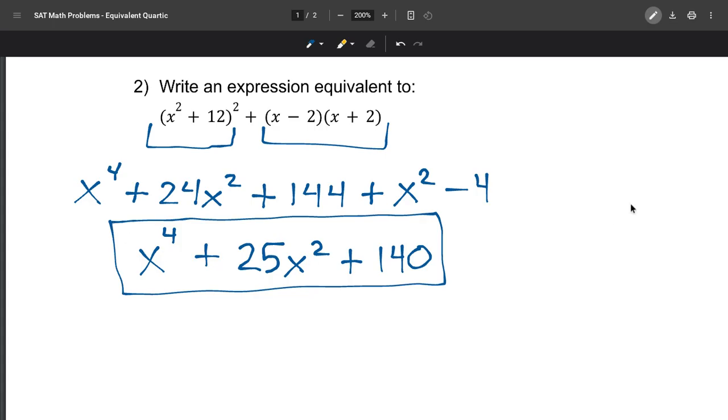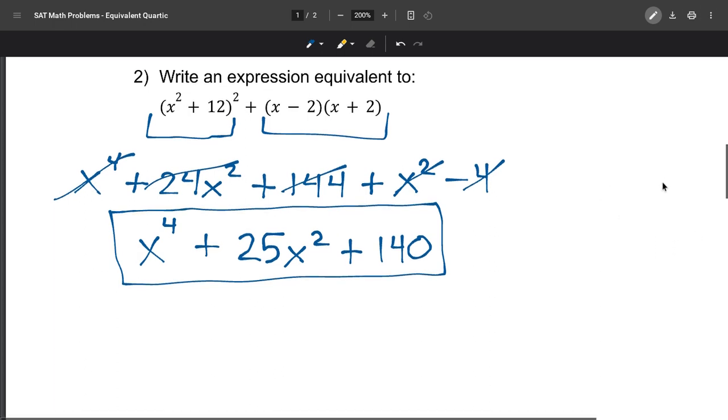And when you get bigger problems like this as you go along and you're writing them down below, you might want to cross them off. Like, when I combine 24x squared and x squared to get 25x squared, I'd cross them off. 144 minus 4 to get 140, cross it off. And when you have everything crossed off and you combined everything, you know you're done. Okay, let's try a couple more with a couple little different variants here.